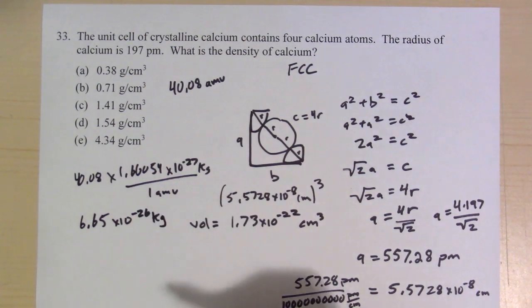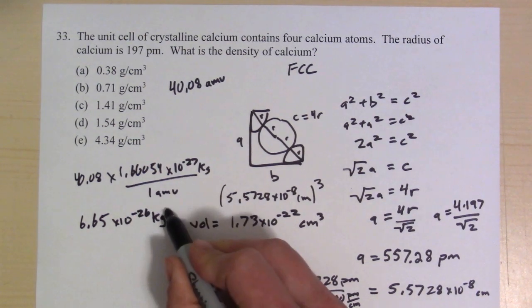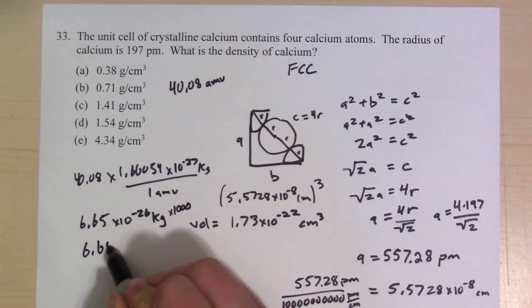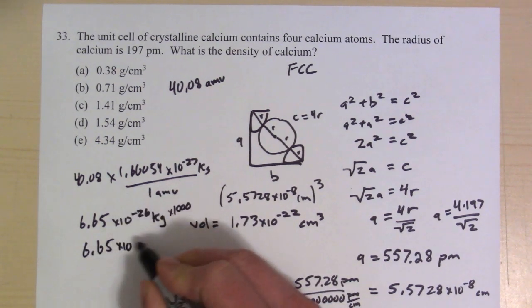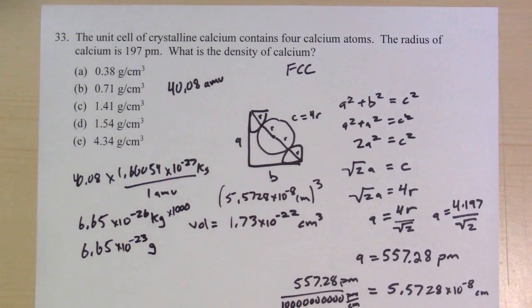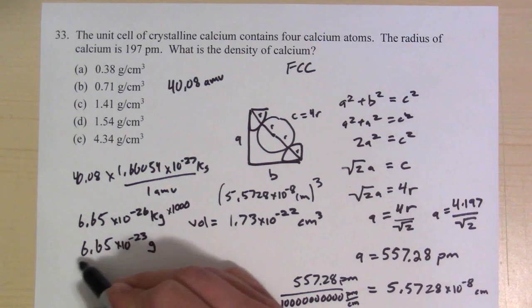We want grams, so we'll multiply that by 1,000. 6.65 times 10 to the negative 23rd grams. So that is for a single calcium atom.